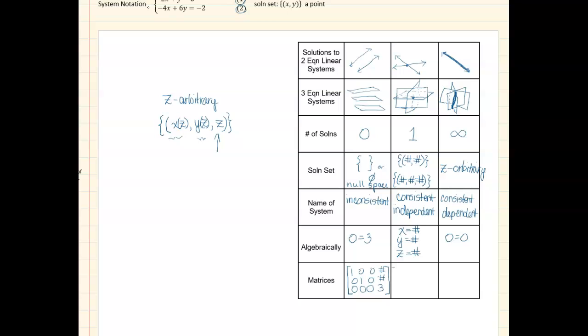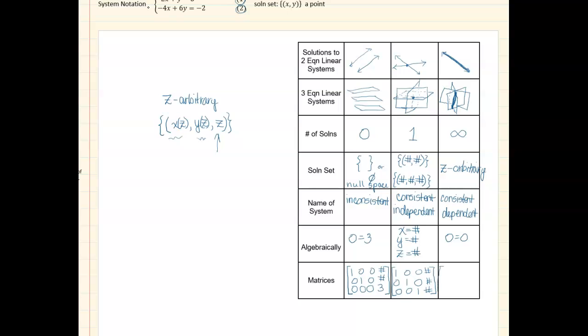If we had a consistent and independent system, we would have an identity matrix, which looks like this. Let me show you what the identity matrix looks like: again, a whole bunch of ones and zeros, and we would have a number here that says x is equal to this number, y is equal to this number, and z is equal to this number.